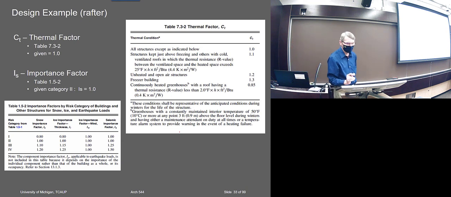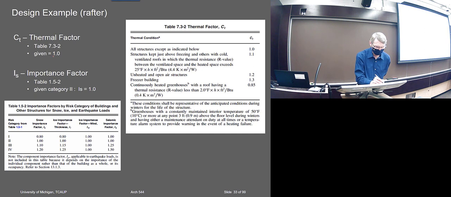The thermal factor, I think I said to use 1.0, which is interesting. It's not even a cold roof, huh? Usually, like I said, a cold roof would be 1.1, but okay, we'll go with 1.0. Won't give it any additional.